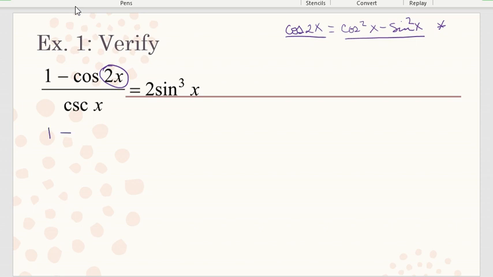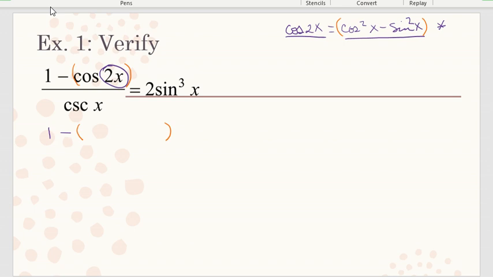So we're going to say 1 minus, and I'm going to change color so you can see this happen. I'm going to replace this with this big guy right here. And notice I'm inserting a binomial where there was just one term.